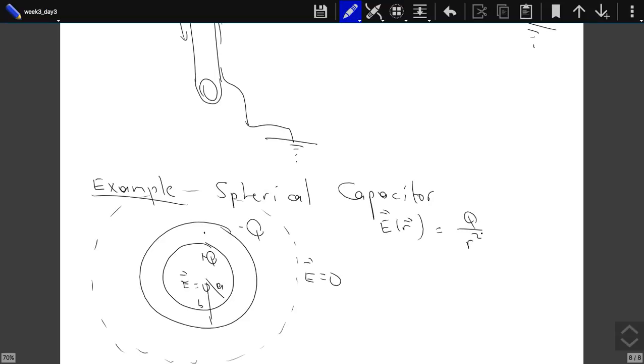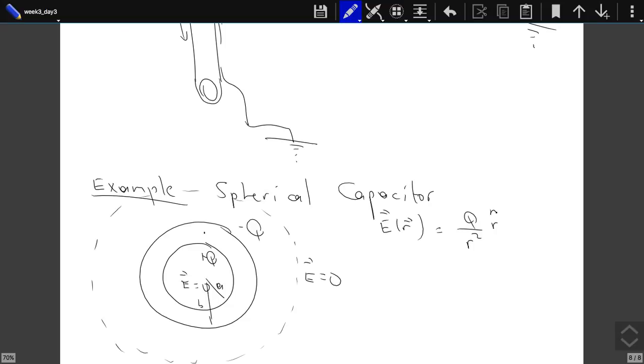This is the electric field in the R hat direction, because we are outside the inner shell. So if you are outside a spherical shell, it just behaves as if it's a point charge at the center. So that creates an electric field Q over R squared in the radial direction.